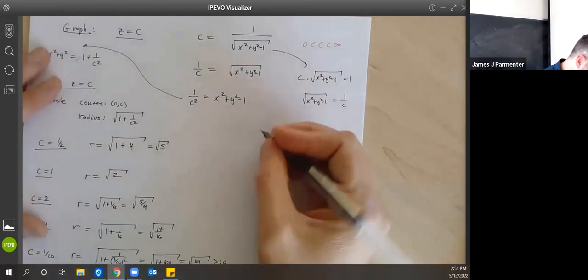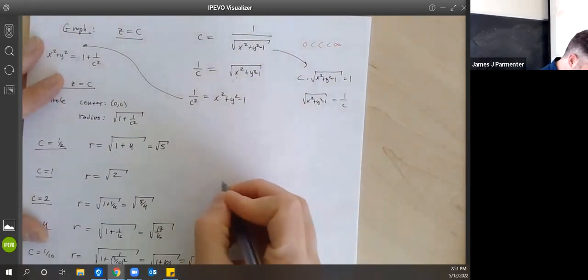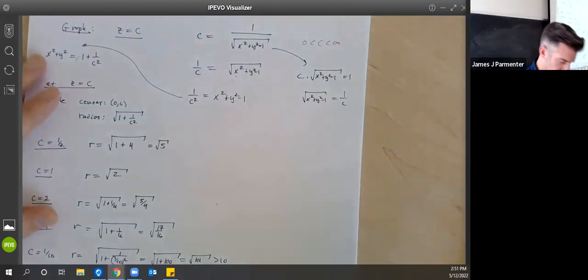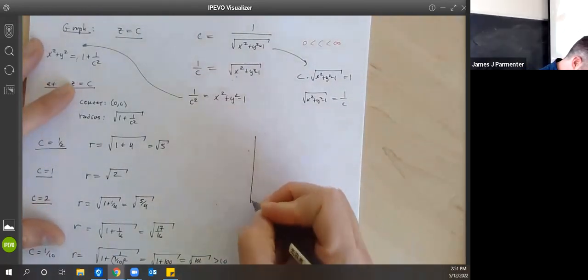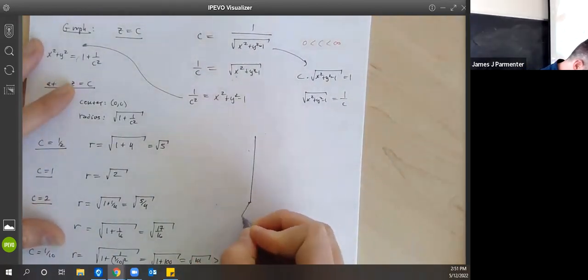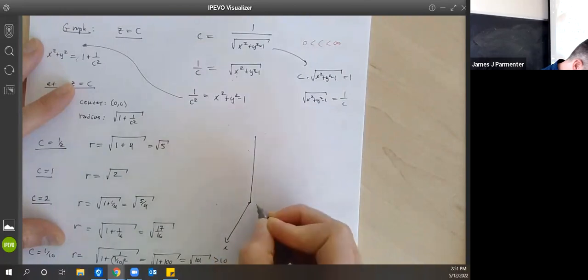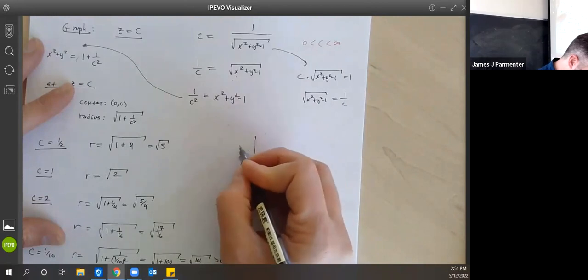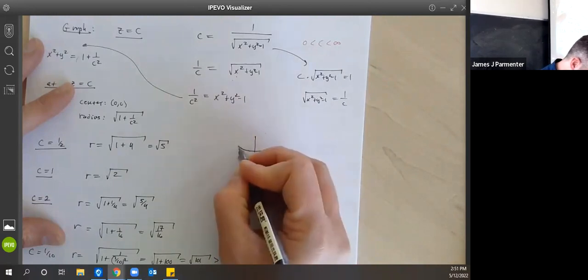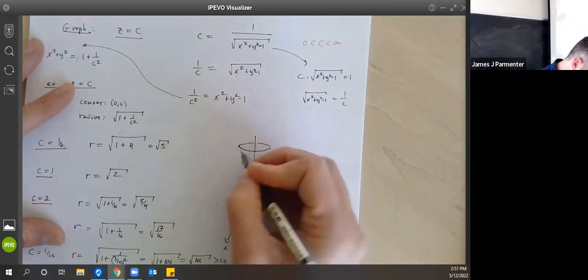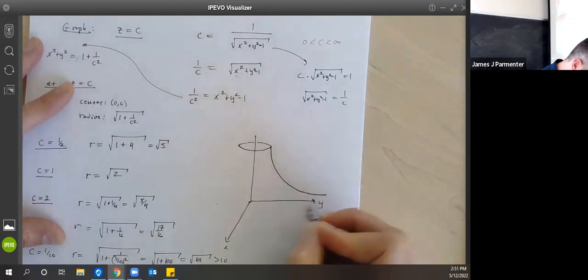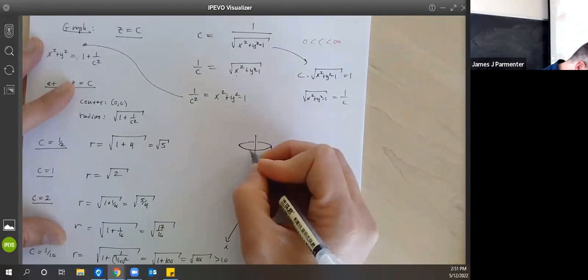So what's happening is we have something that I'm going to try to draw. It's kind of doing this deal. When we go out, it's going to go out this way.